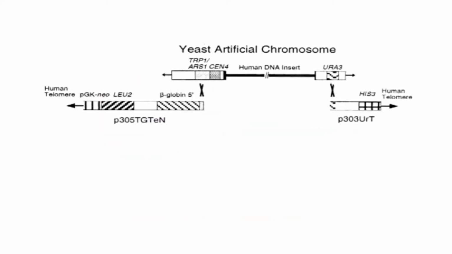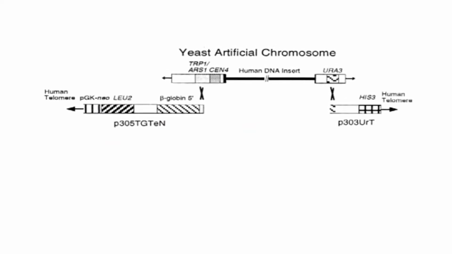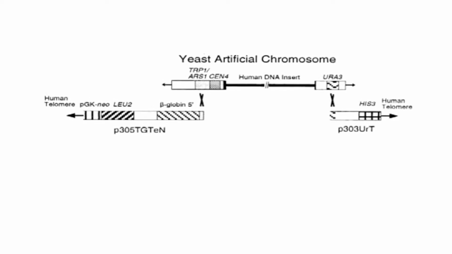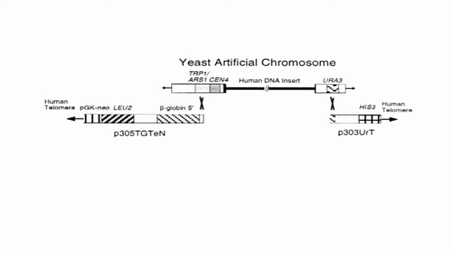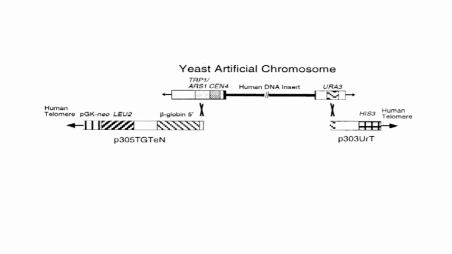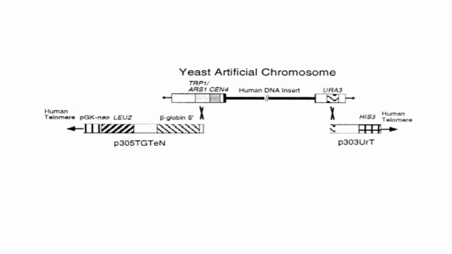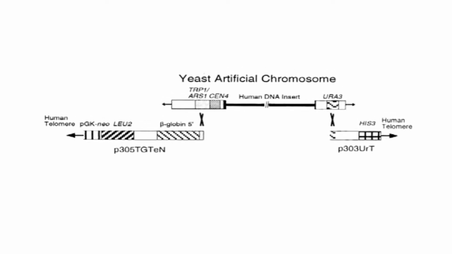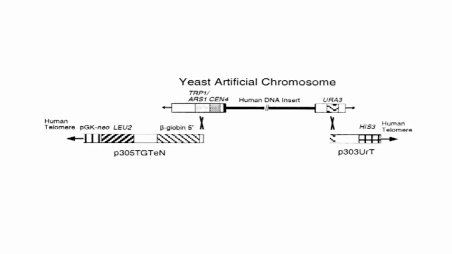Since YAC has the capability to hold large fragments of DNA, it can be utilized to clone and assemble the whole genomes of an organism. The YAC can be propagated as linear artificial chromosomes by the insertion of a YAC into yeast cells, and cloning can be done by inserting the regions of DNA in the process.